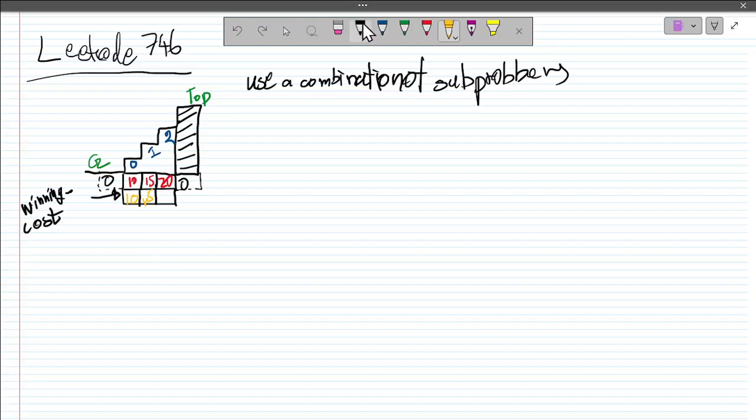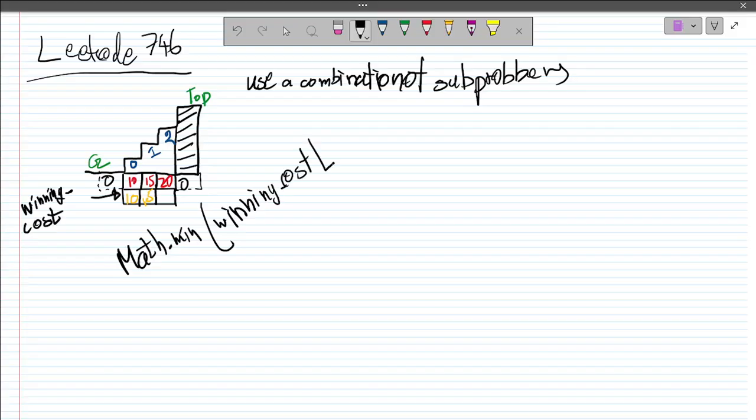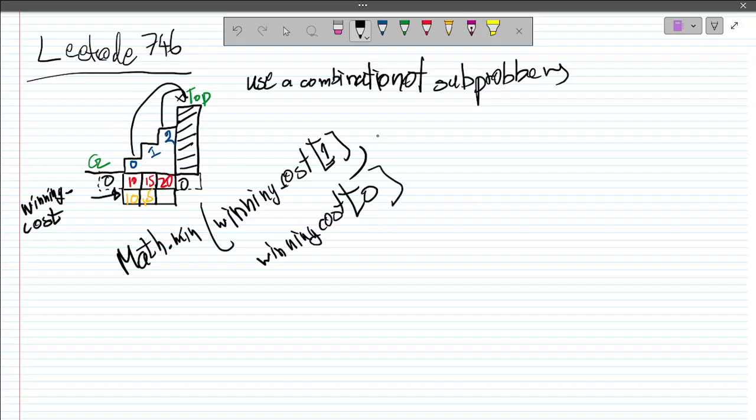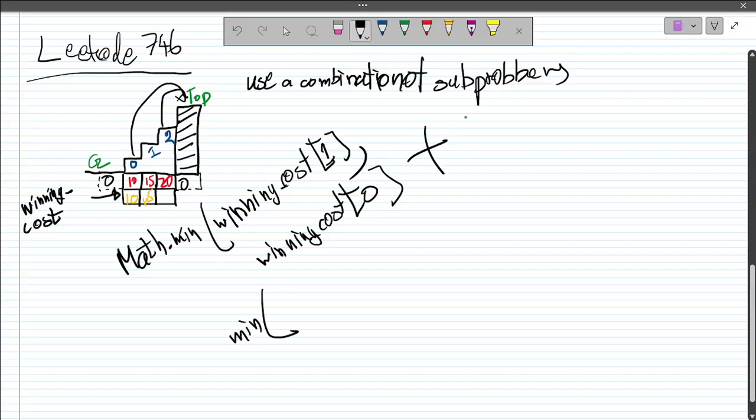That would look like, I'm going to use black, math.min of winning cost coming from the step just before it, in this case step 1, versus winning cost coming from step 0, and that plus my cost of being at the current step, which is 2, right?